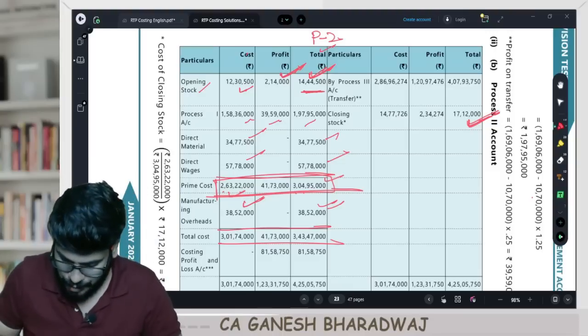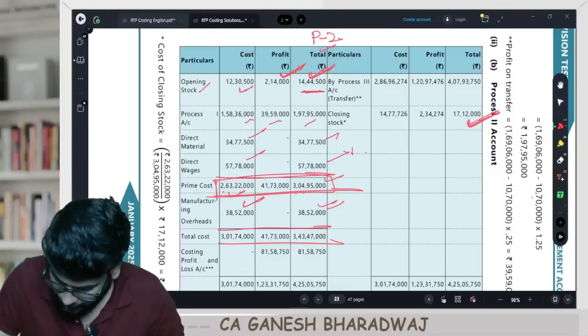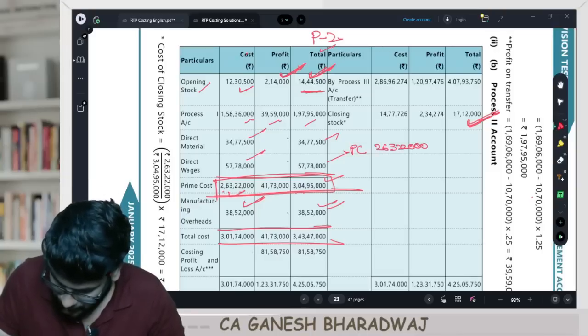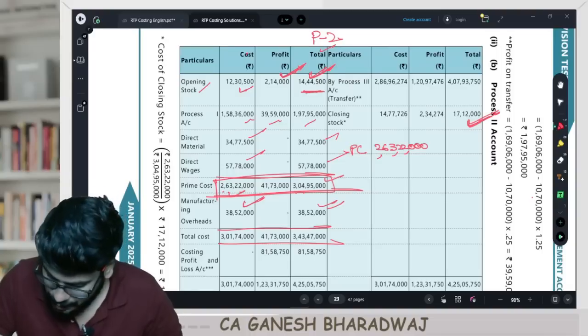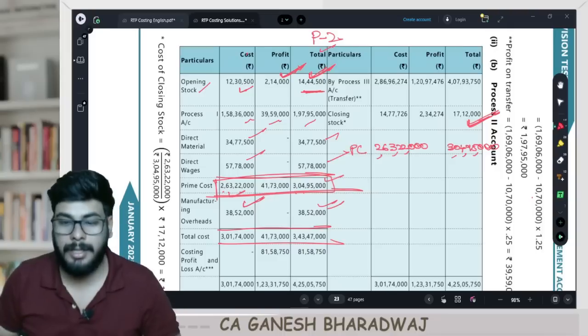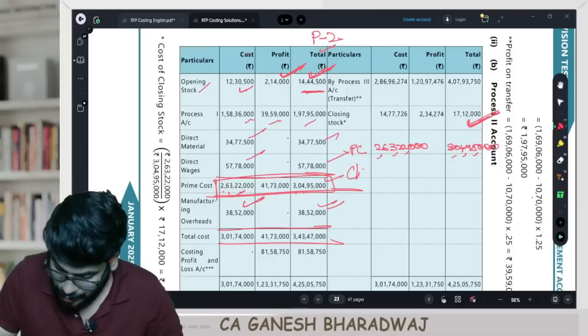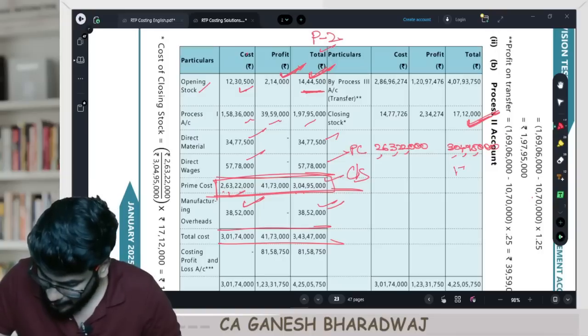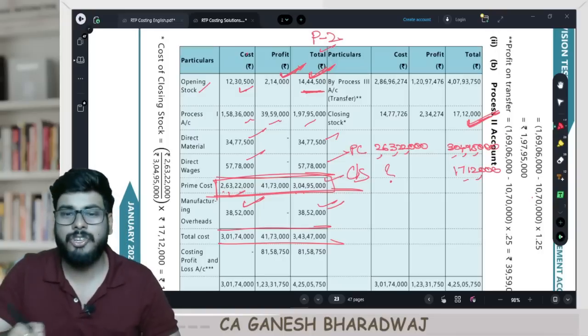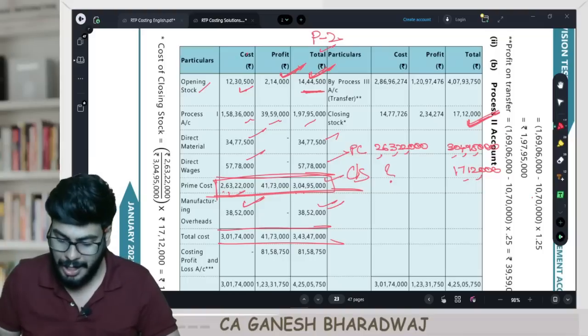So in prime cost, if the cost is 263,22,000, the total value is 304,95,000. Correct? Now, for my closing stock, if my total value is 17,12,000, how much will be the corresponding cost? You can cross multiply proportionately and arrive at it.